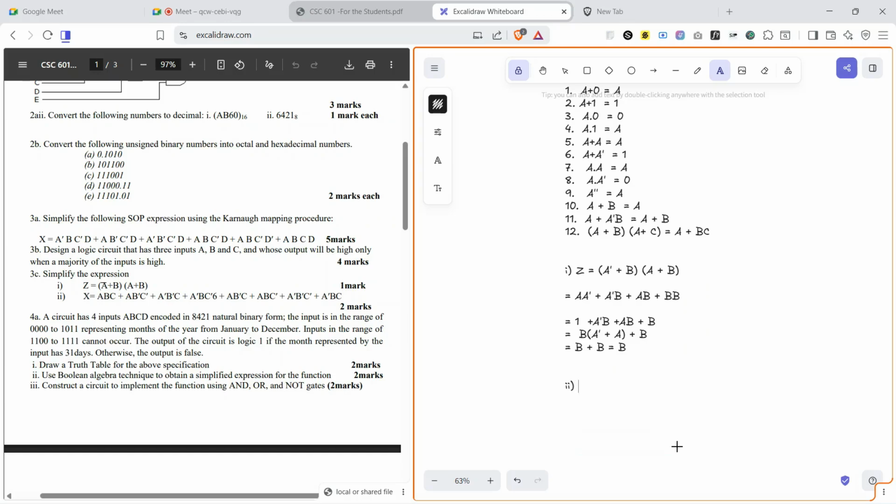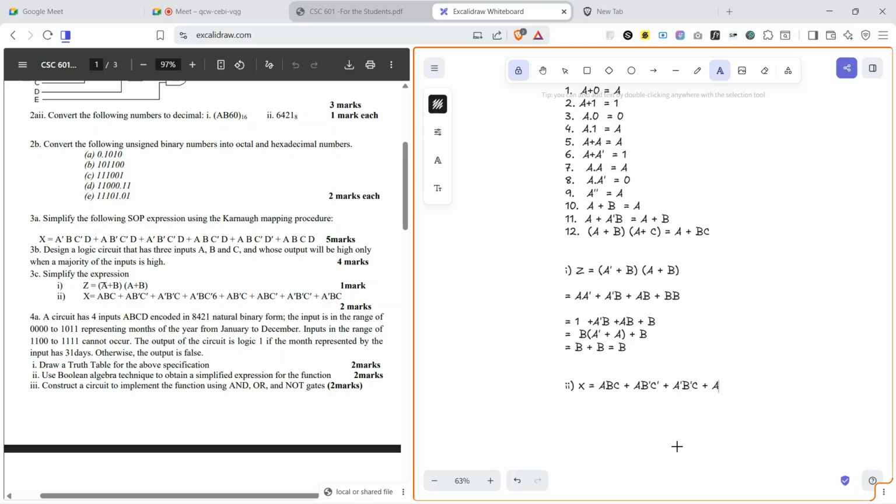Then for the second one, which needs a little bit of patience, what you just need to know is that the final result you have to get is 1. The final representation of all of this is 1. So we have ABC plus AB bar, then A bar B, A bar B bar C, that's the third one, right?